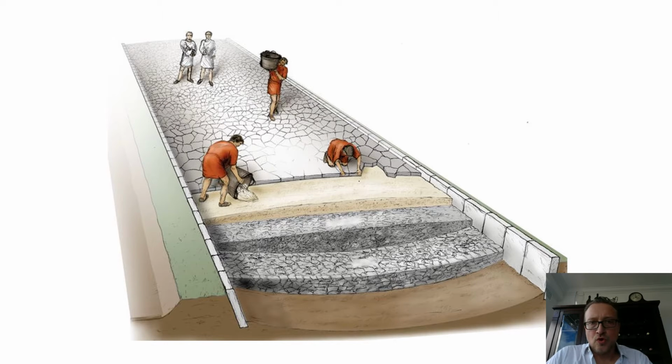These roads on one hand assured, for example, the supply of goods for the fast-growing cities, Rome also, but it also meant that ideas could spread very far.